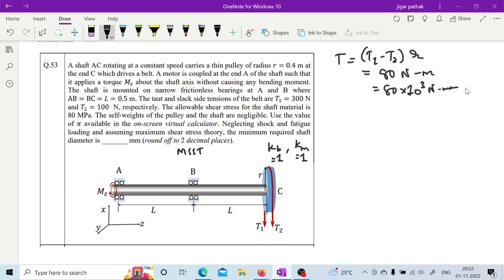Now once you have this torque 80 Newton mm, it will also act at the other end, so the same torque will act.